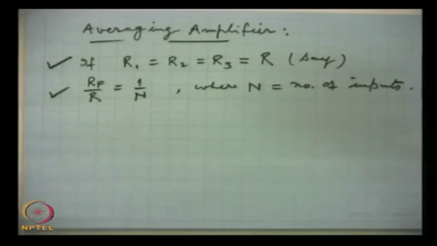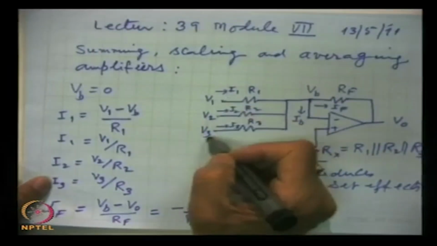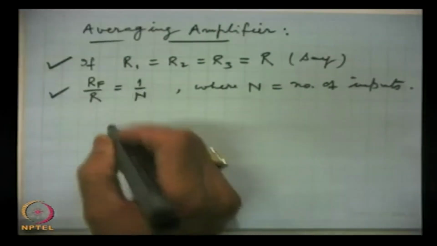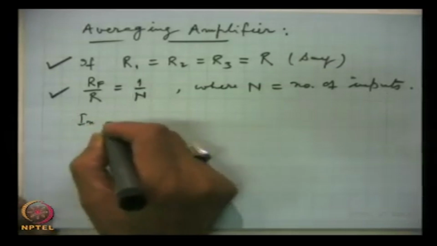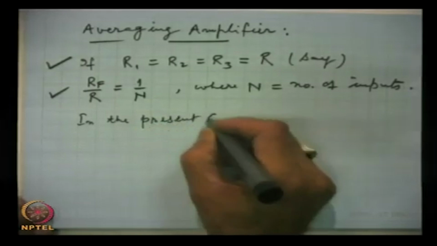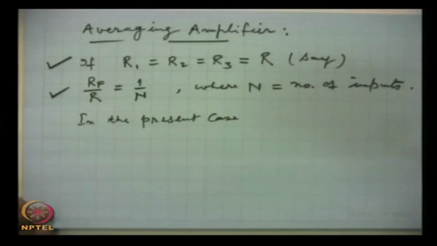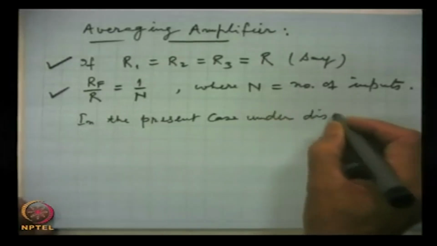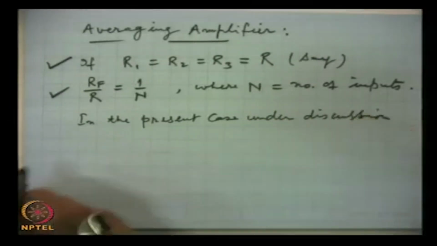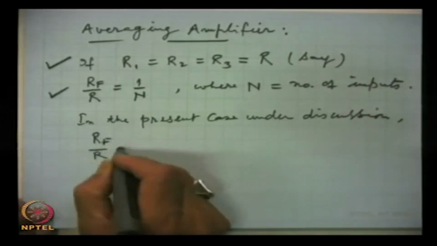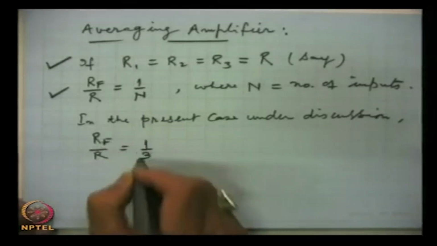In the present case, which is under discussion, there are 3 inputs. So this factor Rf by R should be equal to 1 by 3.